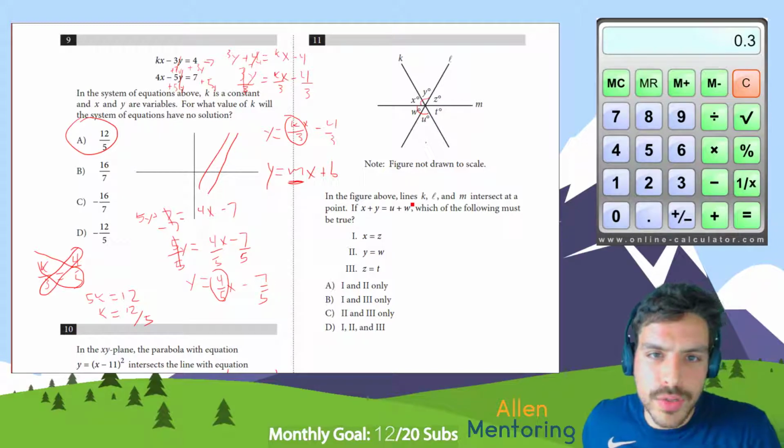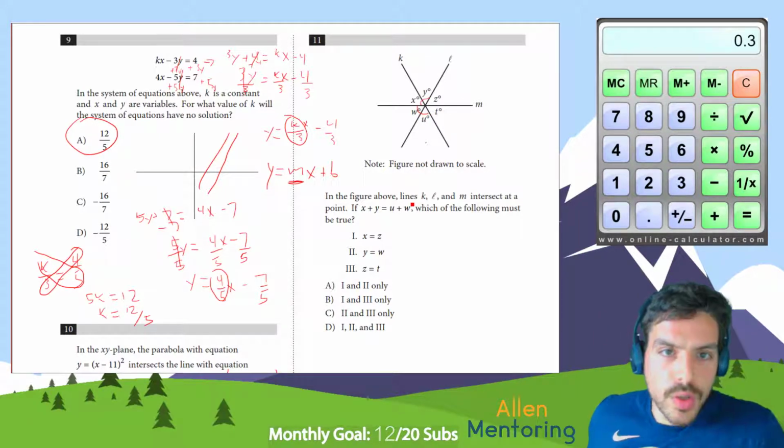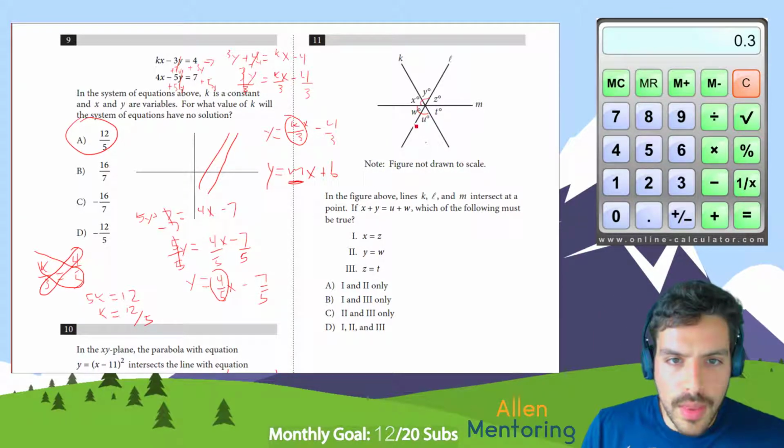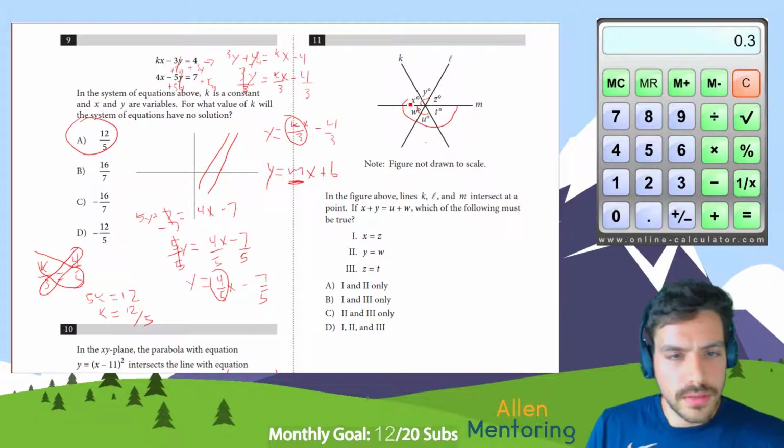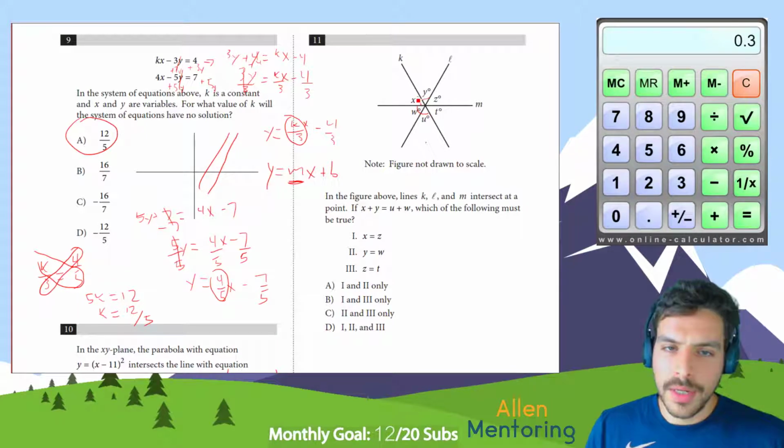Okay, so what do we know so far? Well, we know that this is equal to 180, and this is equal to 180. Okay, so if that's the case, right, if these two angles are equal to each other, so the one going between y, w and u, and between x and y, then we know that these two must be equal to each other, right?